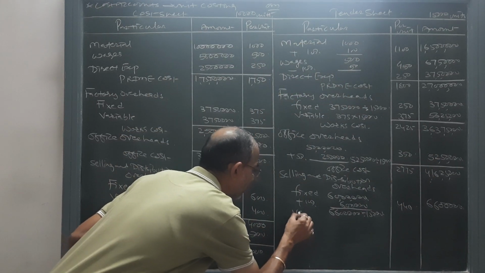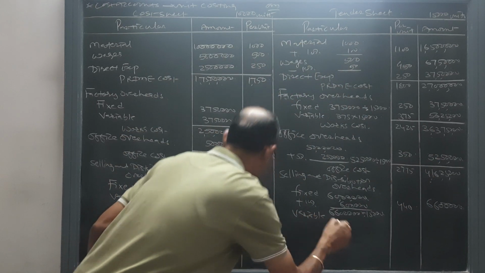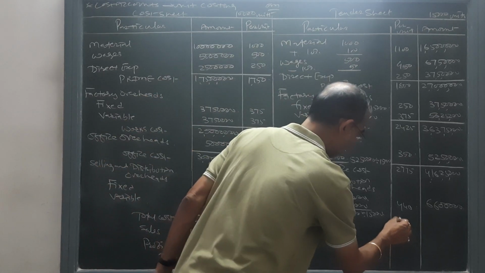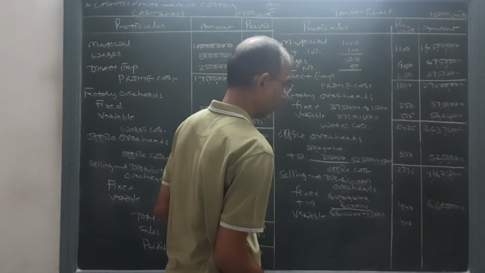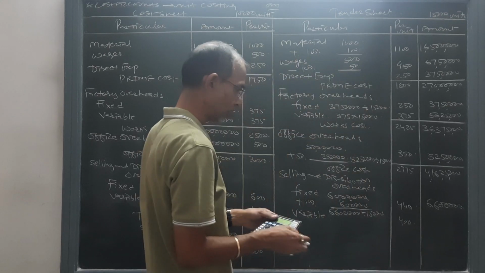Then after, variable are 400 into 15,000, so that will be 60 lakh.